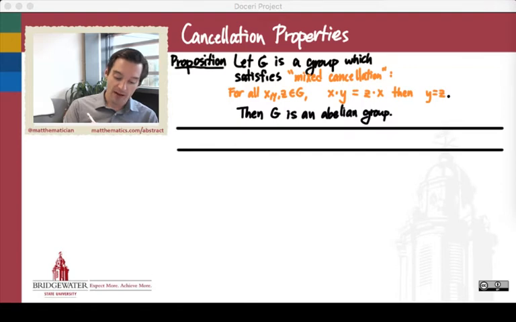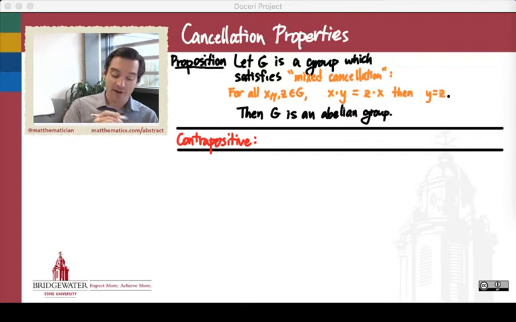What's the contrapositive of this statement? If this is true, the contrapositive, which is equivalent, would say that if this conclusion is not satisfied, then the hypothesis is also not satisfied.